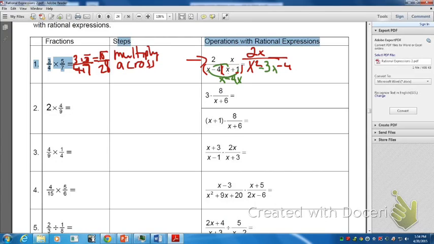Okay. All right, let's look at our second one. Number 2. We have 2 times a 4/9. What did you learn to do with that whole number? Put over 1. Put over 1, right? So we put whole numbers over 1. Let's change colors.